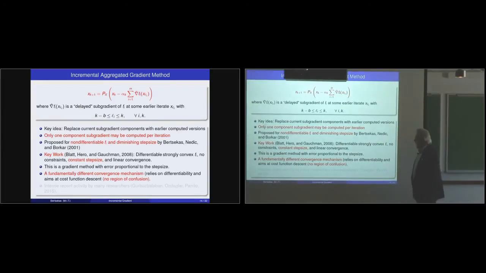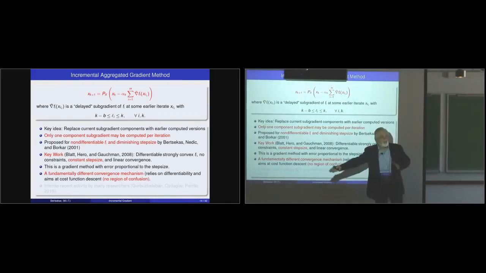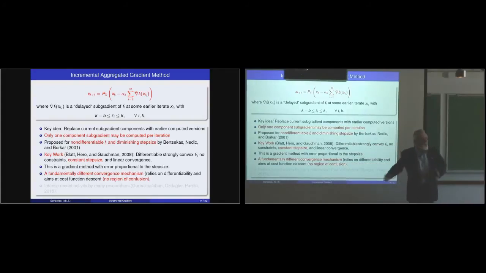And there are some drawbacks. And coming back to your question, this method becomes effective after you have gone through the data, you have gone through all the components once in order to build an approximation to the gradient. And of course, the number of components may be millions.